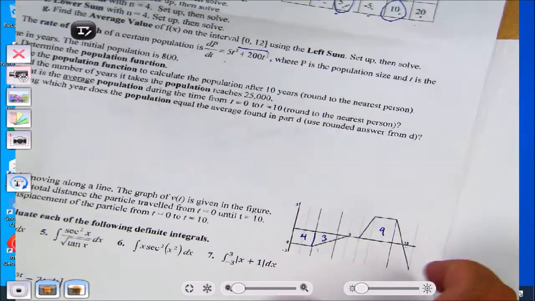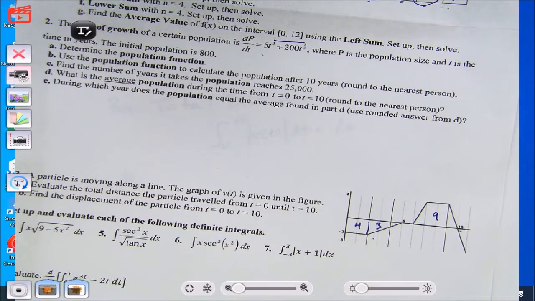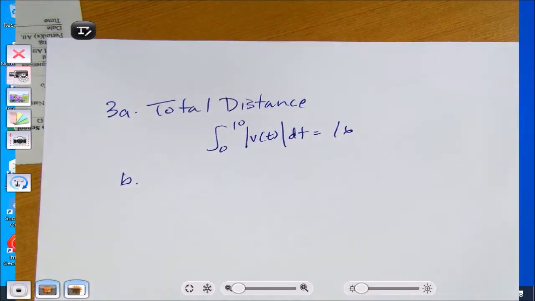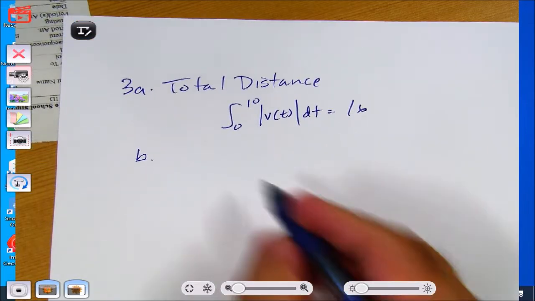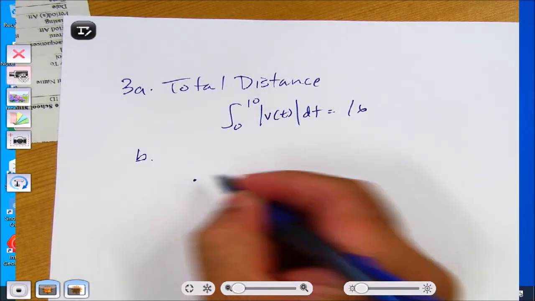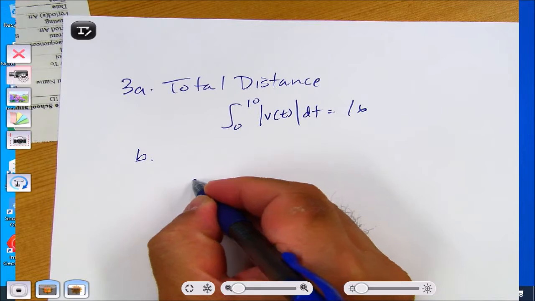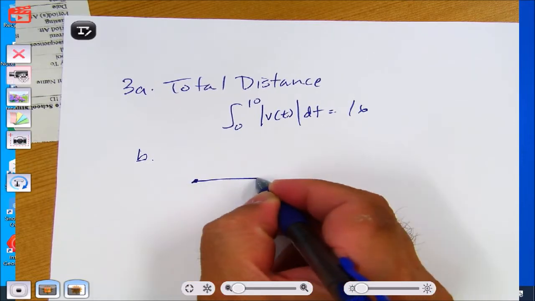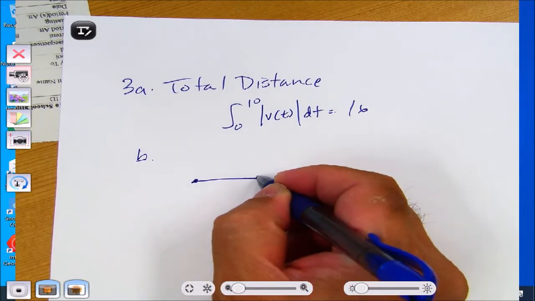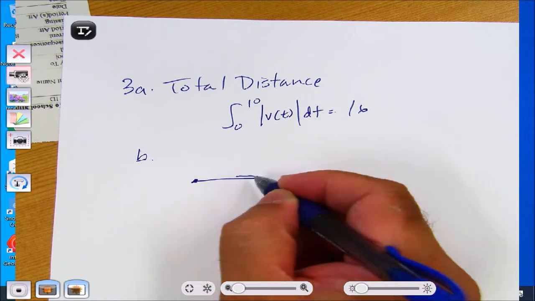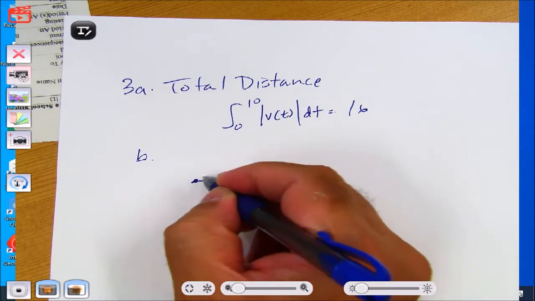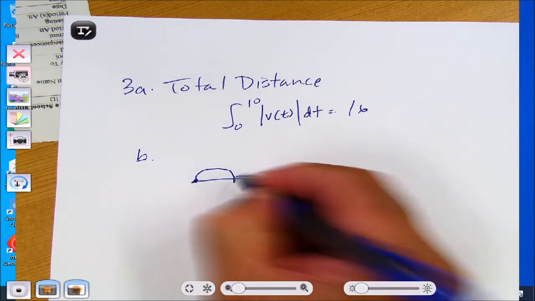Alright. Example B, find the displacement. The way I'm going to explain it is, the particle is moving along a horizontal line. A particle can move from here, and then it gets to here, and then it comes back, right? That's that negative movement. So the displacement is how far it is from here to here.